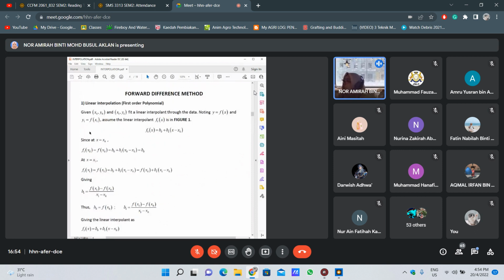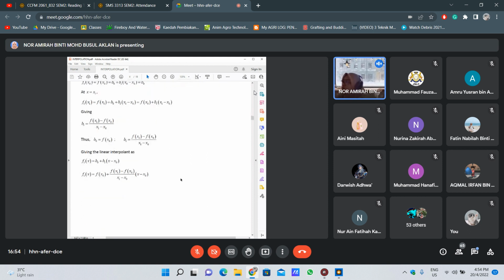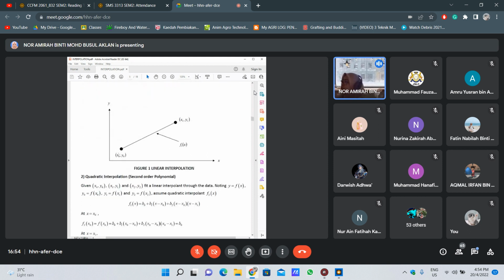Okay, linear interpolation. Given x0, y0, x1, y1, fit a linear interpolant through the data, noting that y0 equals f(x0) and y1 equals f(x1). Assume the linear interpolant f1(x) is in figure 1. Okay, ada figure tak ni? So we have the values of x0, y0 and x1, y1.